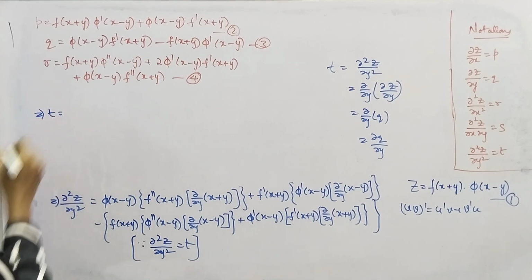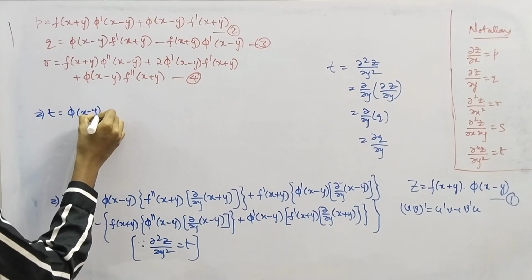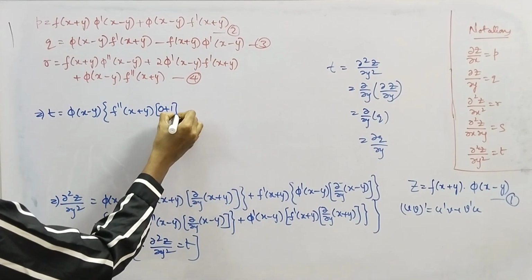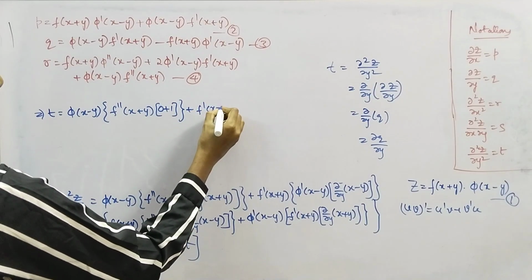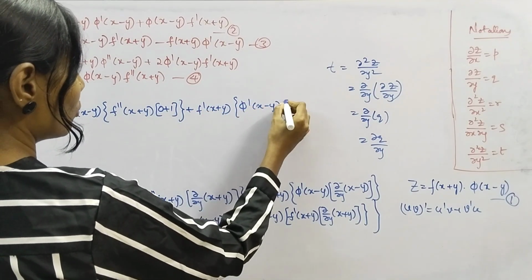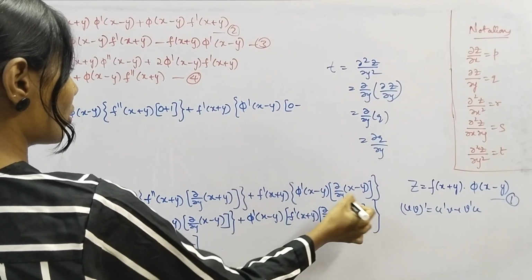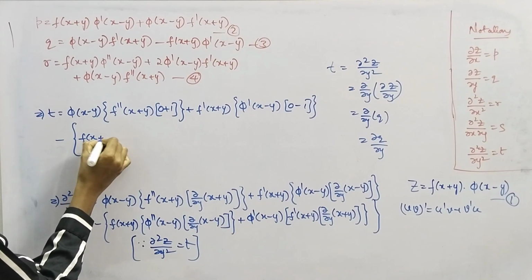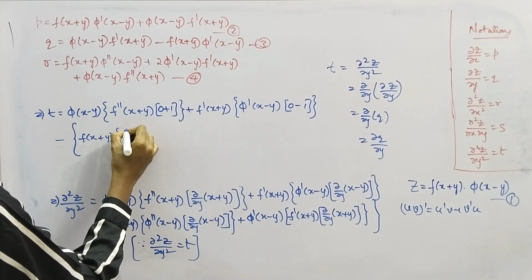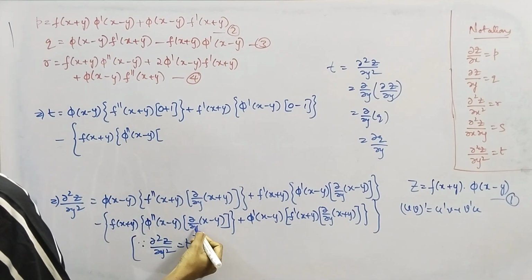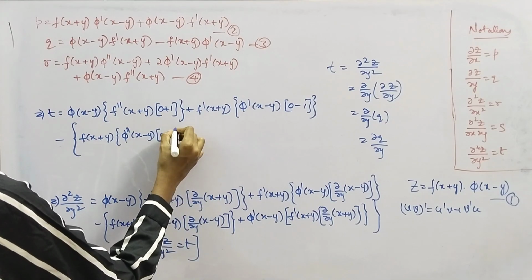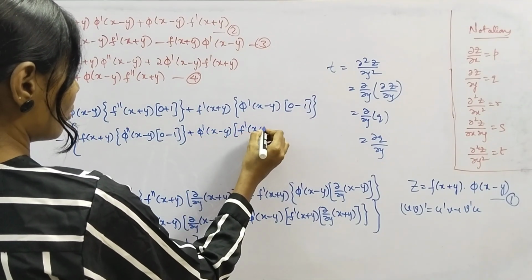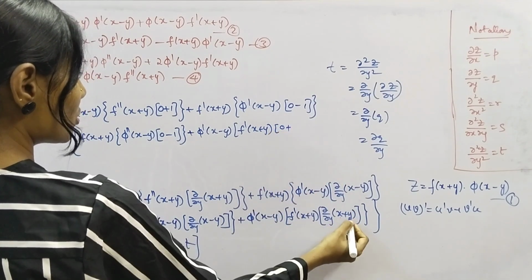We'll get t equal to phi of x minus y into f double dash of x plus y into partial derivative of x with respect to y is 0 plus partial derivative of y with respect to y is 1, plus f dash of x plus y into phi dash of x minus y into partial derivative of x with respect to y is 0 minus partial derivative of y with respect to y is 1, minus of f of x plus y into phi double dash of x minus y into partial derivative of x with respect to y is 0, partial derivative of y with respect to y is 1, plus phi dash of x minus y into f dash of x plus y into partial derivative of x with respect to y is 0 plus partial derivative of y with respect to y is 1.